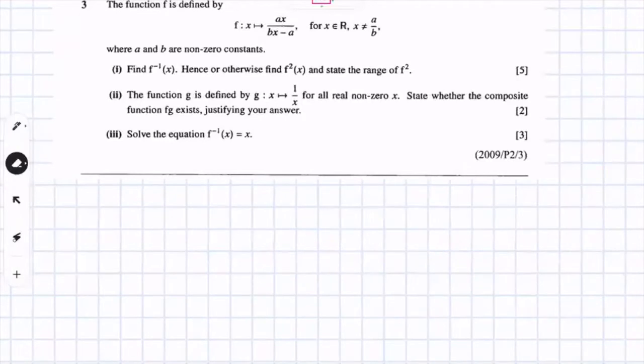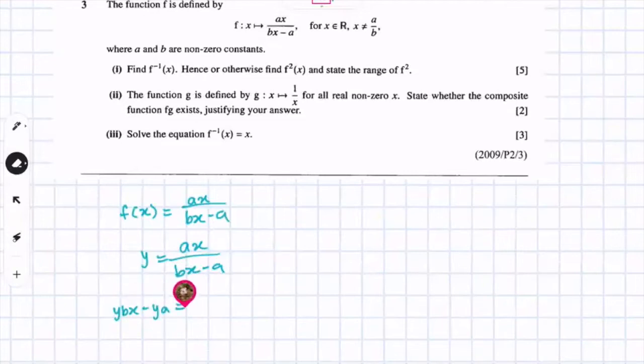F2. Okay. Wait, let me. They find F, yes.